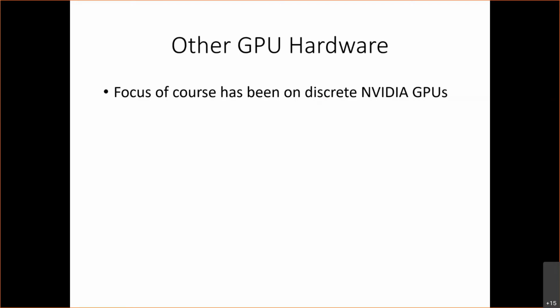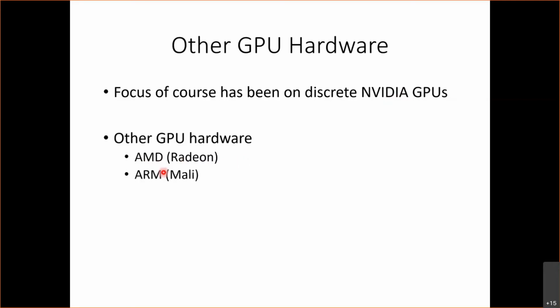But in fact, we have other GPU hardware besides NVIDIA GPUs. AMD manufactures GPUs. You might be familiar with Radeon GPUs, which are manufactured by AMD. NVIDIA GPUs are popular for gaming, and also for high performance computing. And AMD GPUs are also popular for gaming, and also for high performance computing.